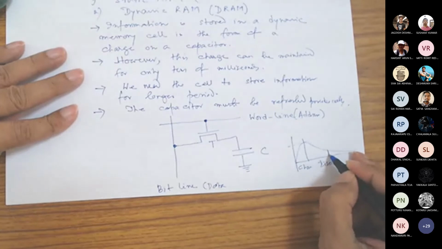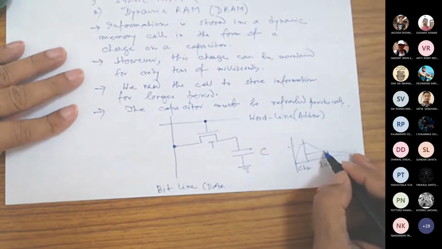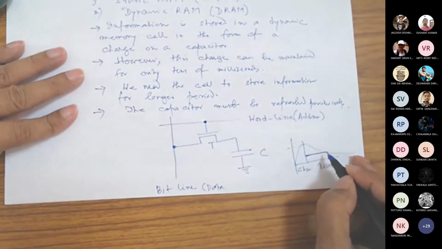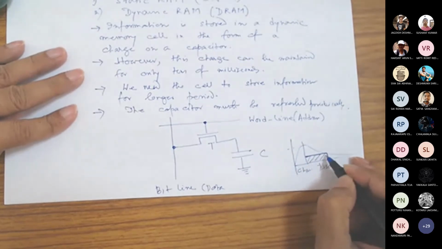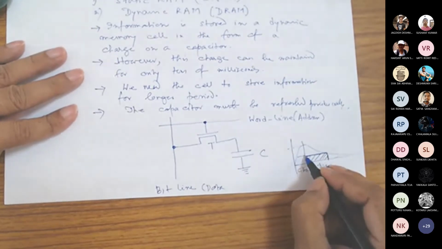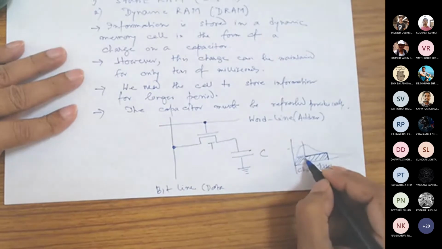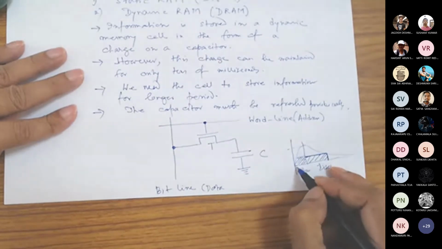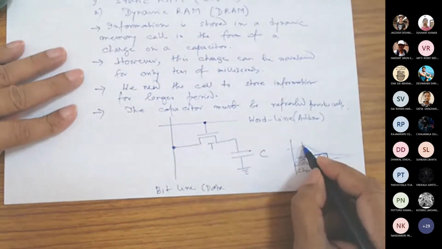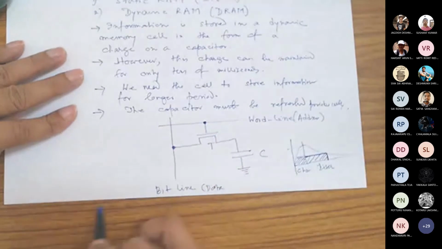So discharging time is much longer. I'm not drawing the ideal curve, but what I'm trying to say is that this is the discharging time and this is the charging time. So within this time, you charge it to the full, and then we withdraw the voltage here.